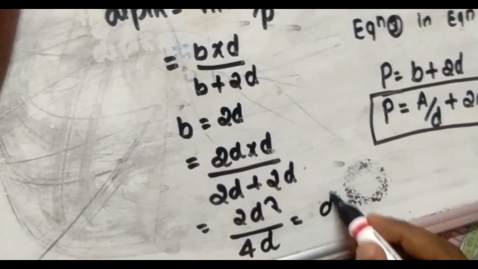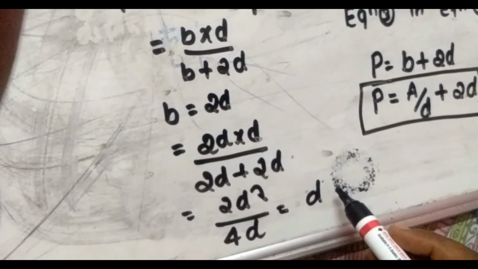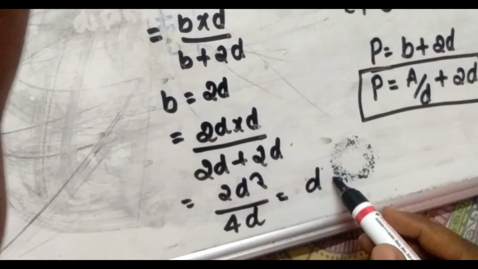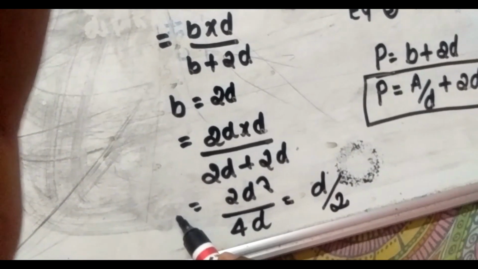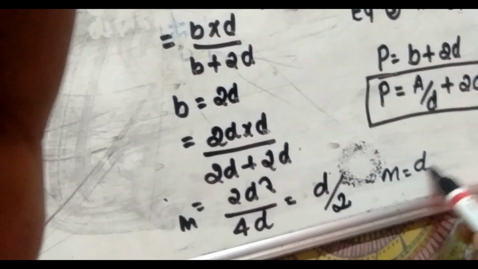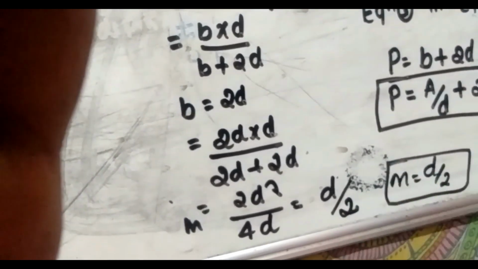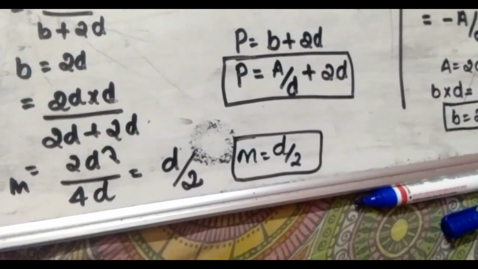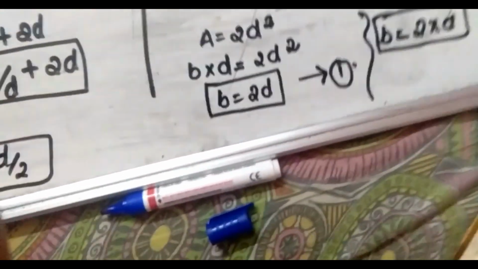That becomes D by 2. M is equal to D by 2. So the hydraulic mean depth is equal to depth by 2, and breadth is equal to 2 times depth.